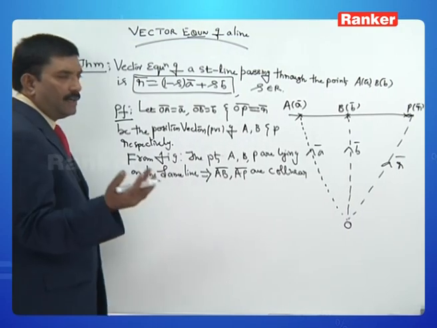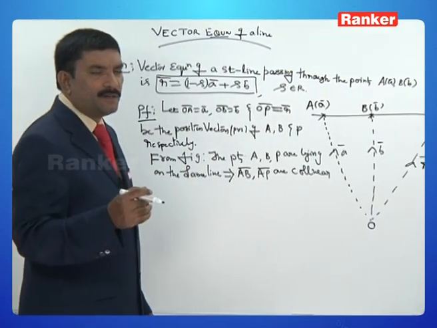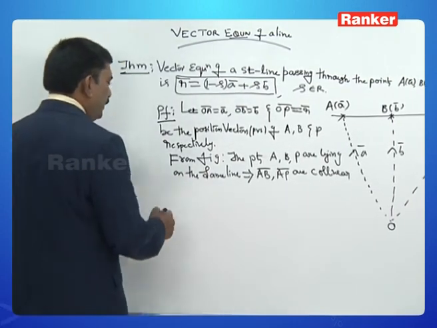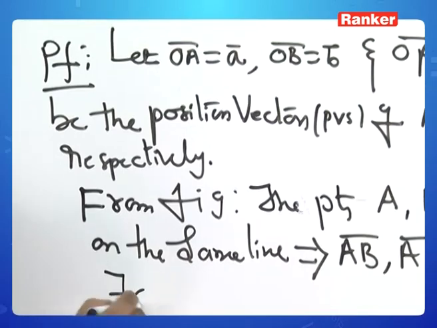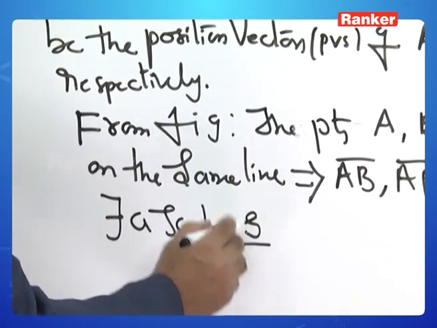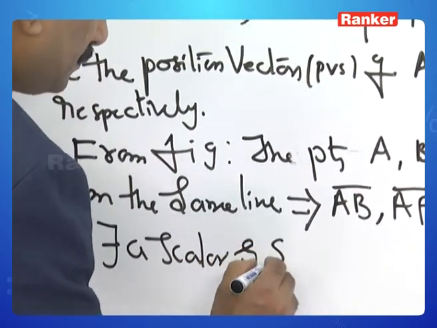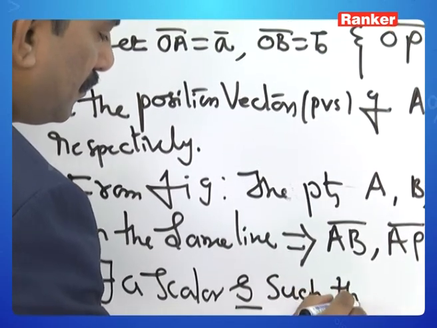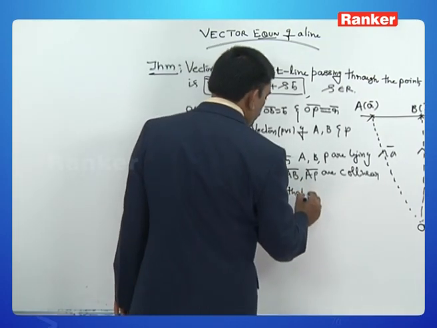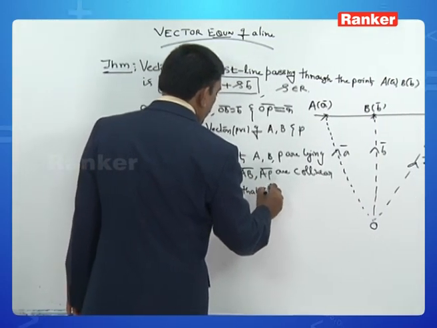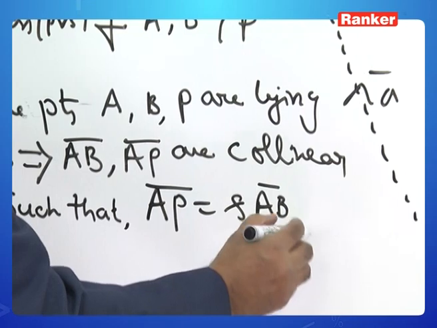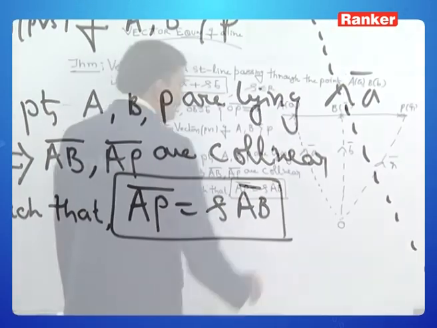Why? A, comma B, comma P are collinear, so the vectors formed by them are also collinear. Now, when they are collinear, there exists a scalar S such that one vector can be expressed as a scalar multiple of another vector.